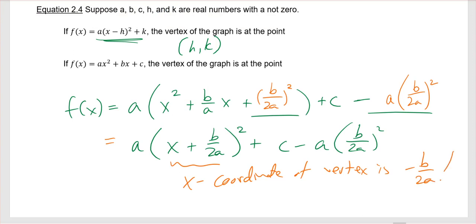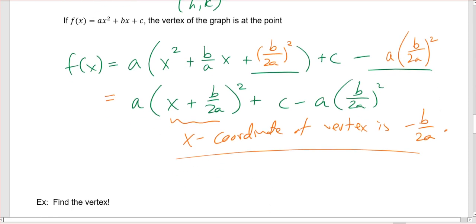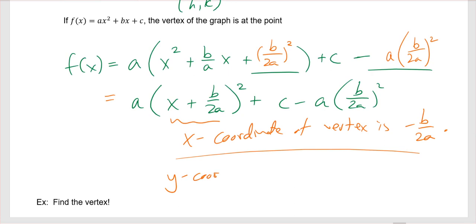So we found the x-coordinate of the vertex, and that's great. Now we might look at this stuff and say, oh man, do I have to remember all of that stuff? No, we don't, right? Because we know that the y-coordinate for any x is just f of x.